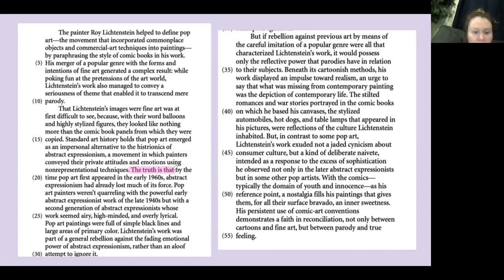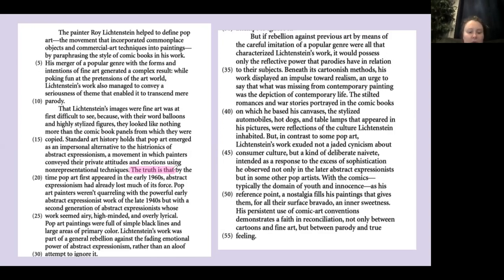Ooh, okay. Pop art painters weren't quarreling with the powerful early abstract expressionist work of the late 1940s, but with a second generation of abstract expressionists whose work seemed airy, high-minded, and overly lyrical. So we aren't going against the early abstract expressionists. We're going against the second generation of these people who were airy and high-minded.